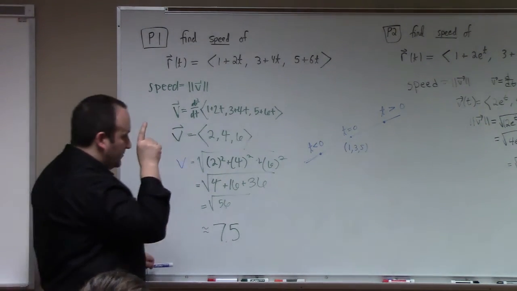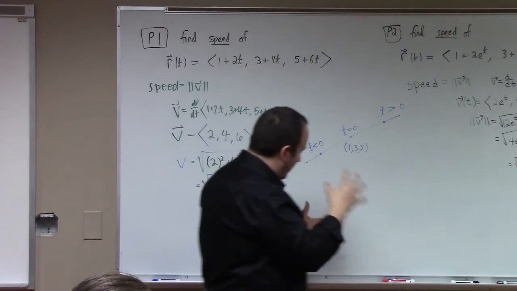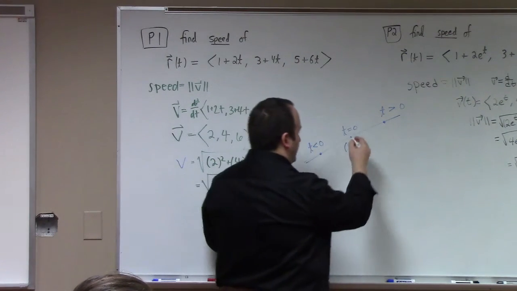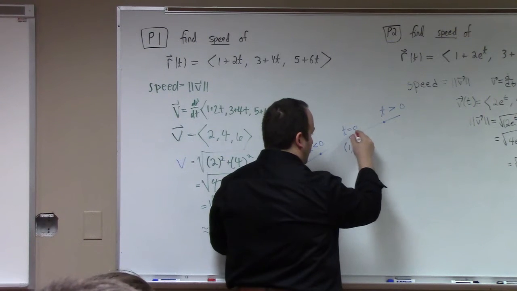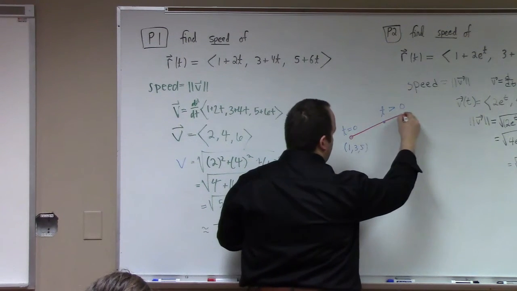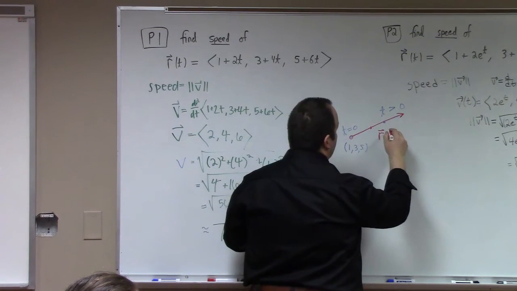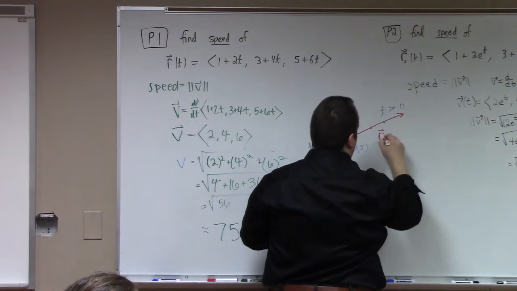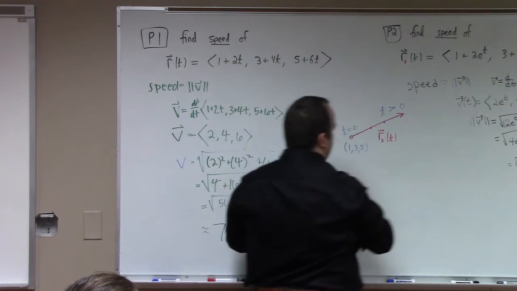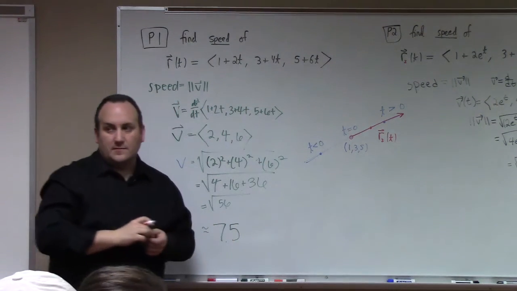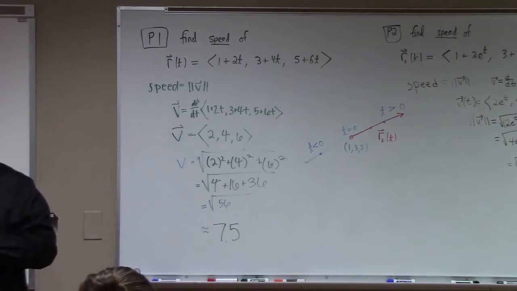In contrast, problem 2 is part of this, but actually it's like this. We don't include 0, technically speaking, and we get a curve like that. Let's call this R2 of t. And that's kind of an interesting curve.